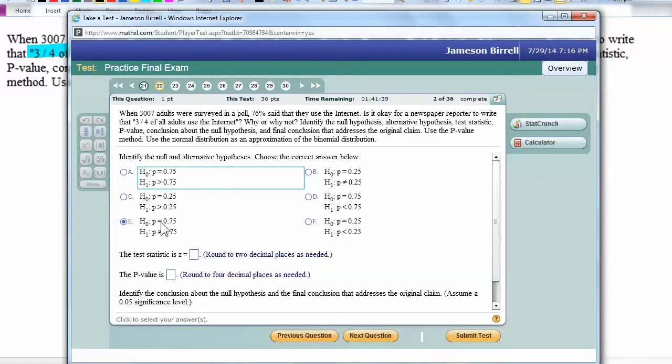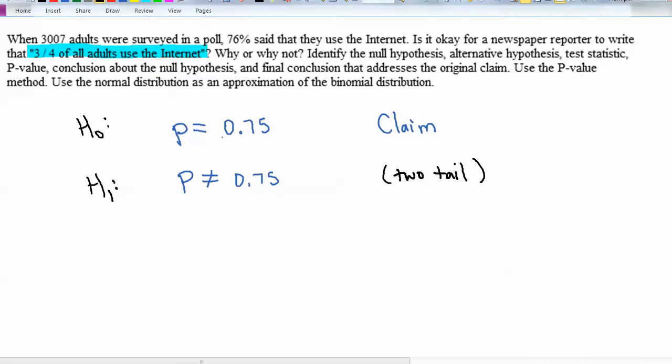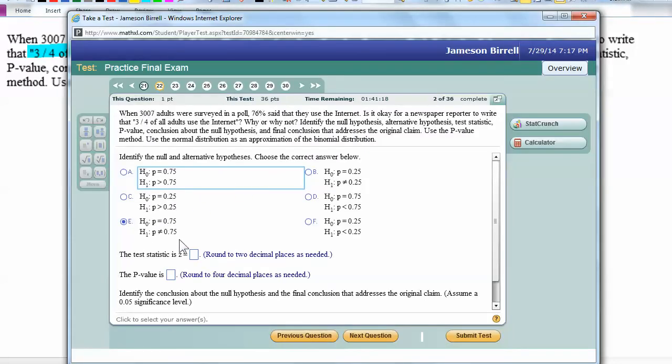Yep. When they write these, they like to write them in the same order each time, where they write the null first and then the alternative. Sometimes the claim is the null, sometimes the claim's not. Keep your eye on what the claim is, because that's going to be important for the final wording. But this time it worked out perfect.